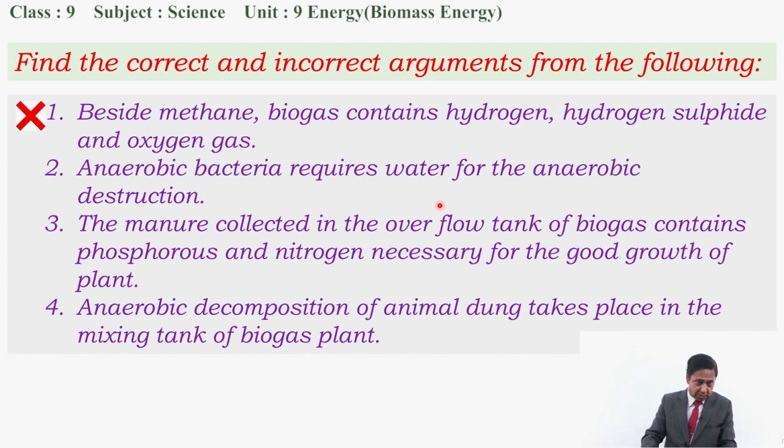That's why this argument is correct. Next, the manure collected in the overflow tank of biogas contains phosphorus and nitrogen necessary for the good growth of plant. Yes, it contains phosphorus and nitrogen. This argument is also correct. Now, the fourth one, anaerobic decomposition of animal dung takes place in the mixing tank of biogas plant. Is it? No. Actually, anaerobic decomposition takes place in the digester tank, not in the mixing tank. That's why this argument is incorrect.